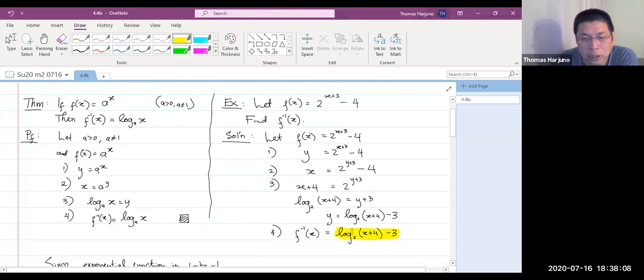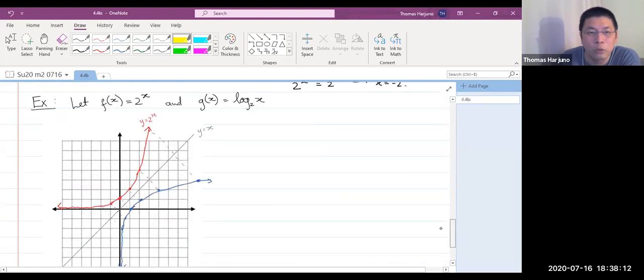I prefer to see this from a transformation point of view. So more or less, it would be nice if you can memorize the graph of log base anything, in this case, log base 2 of x. Especially those three important coordinates.